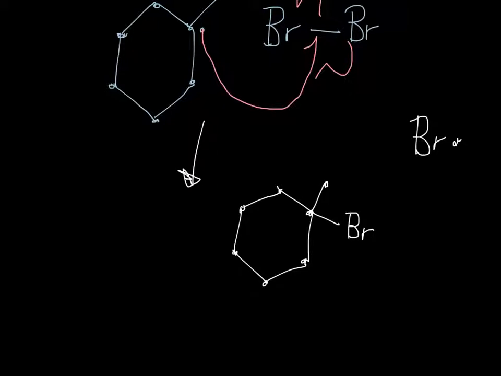So we would have 1 bromo, 1 methyl cyclohexane.